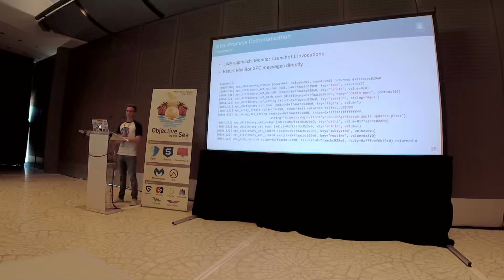So you can implement the same XPC messages that launchctl does to do it yourself. This is also the function log from launchctl. You see it creates an XPC dictionary and sets some values in the dictionary. On the bottom, it sets the more important subsystem and routine values, and it also passes the path to the launch agent file. So if you want to be more stealthy and you don't want to use launchctl, you can just copy these commands into your program and do it yourself without starting launchctl.